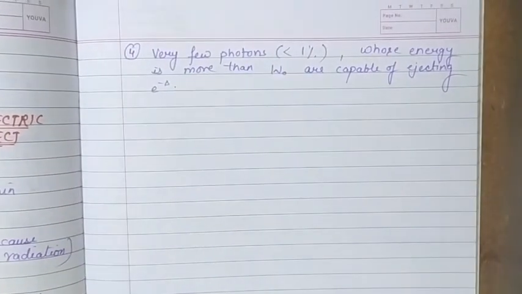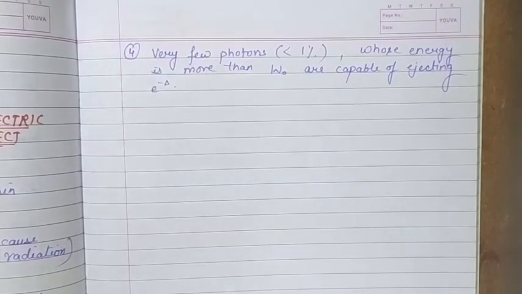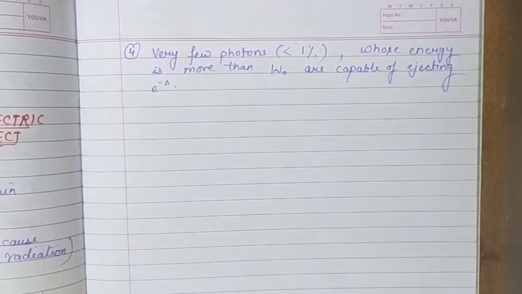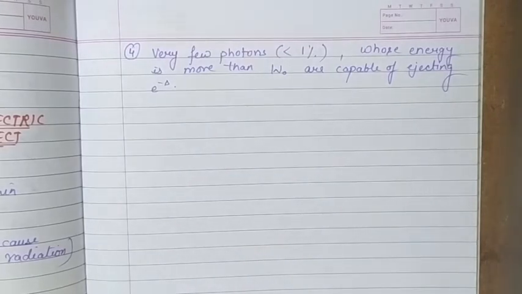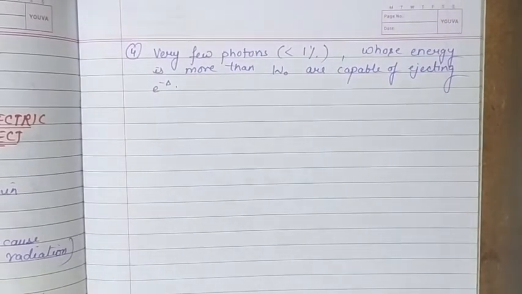First, photoelectric emission takes place by the interaction of two particles: first is the photon, second is the electron of the metal. Now the free electrons of the metal are bound to the metal because of some kind of force over the surface, and to overcome that force a minimum amount of energy is needed, and that amount is called the work function W naught. Now each photon will interact with only one electron, and the energy of that photon is used for two purposes.